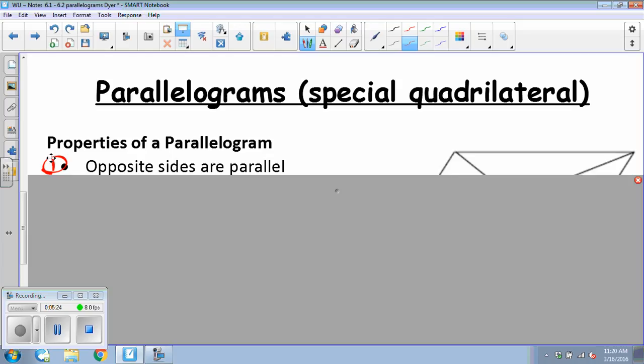That means the top side is parallel to the bottom side, and the left and right sides are also parallel to each other. Now, when we start talking about parallel lines, that should automatically make you think transversal. The diagonals inside that parallelogram are transversals.